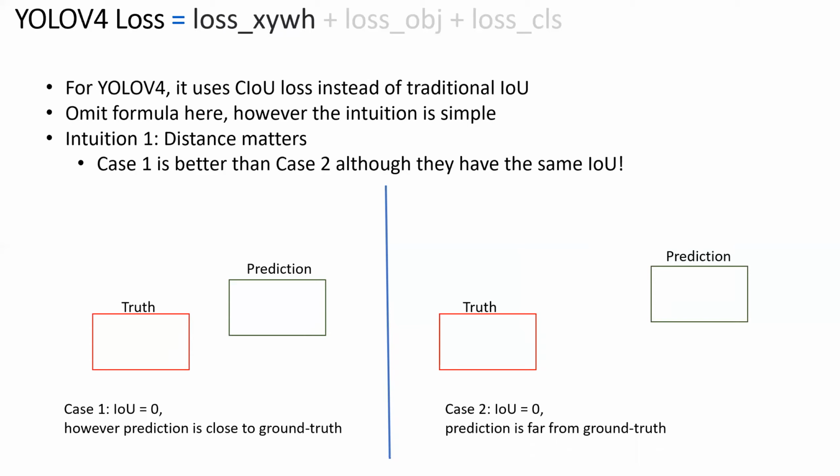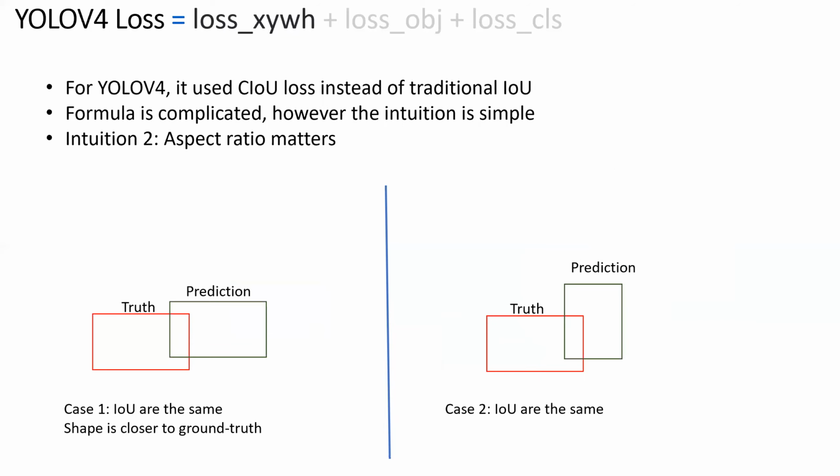Okay, please go on. There are two cases shown as an example. Both of them have IOU equal to 0. But obviously, case 1 is better because it's closer to the ground truth. Intuition 2 is the aspect ratio.